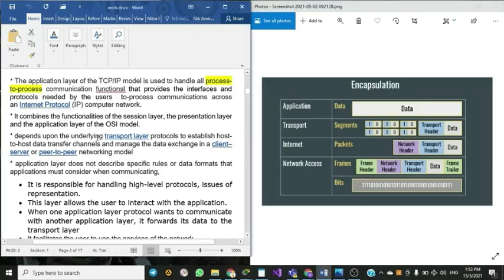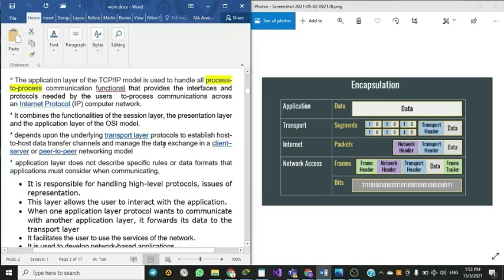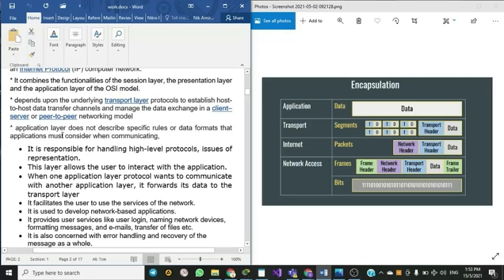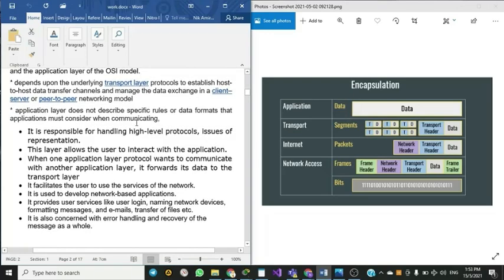It depends on the transport layer protocol to establish host-to-host data connection, data transfer channel, and manage the data exchange in a client-server or peer-to-peer network model. The application layer does not describe the specific rules or data format the application must consider when communicating.